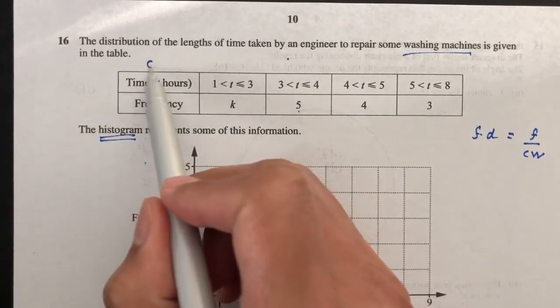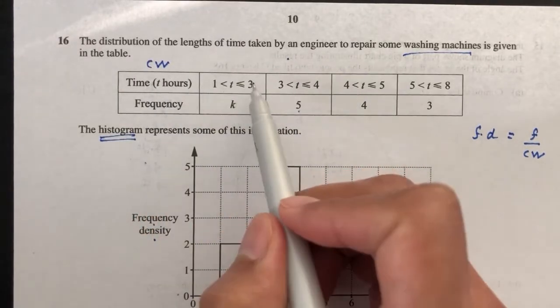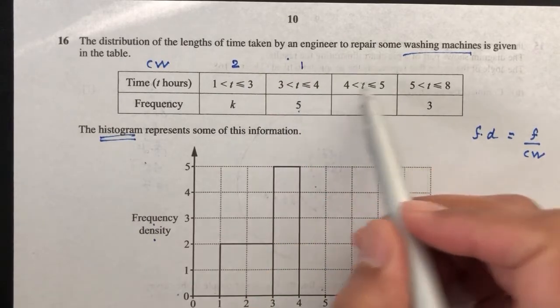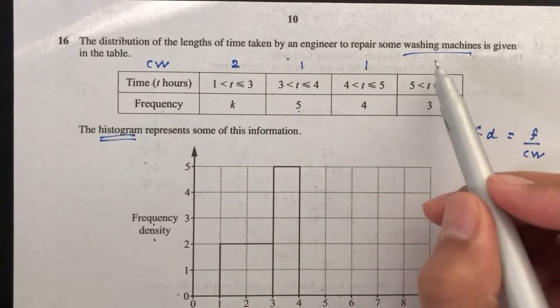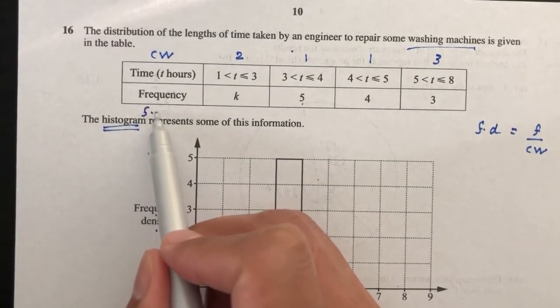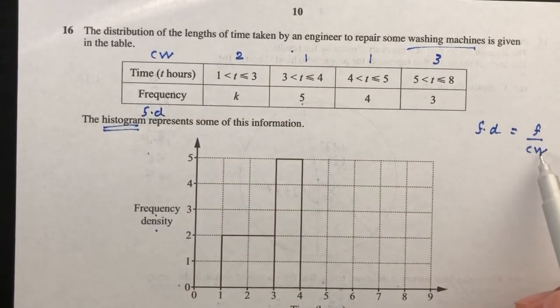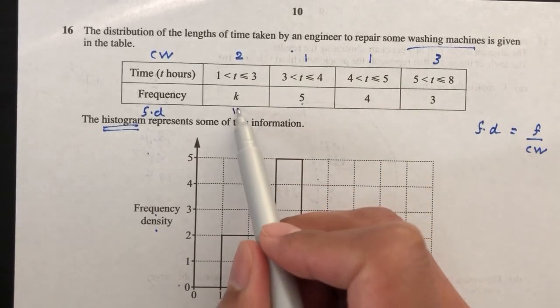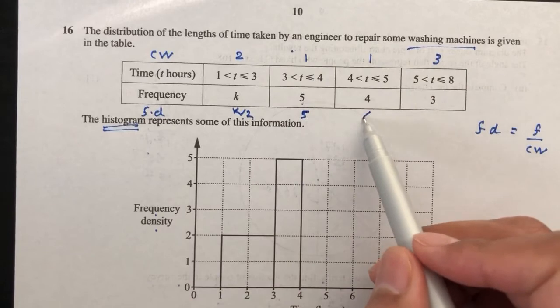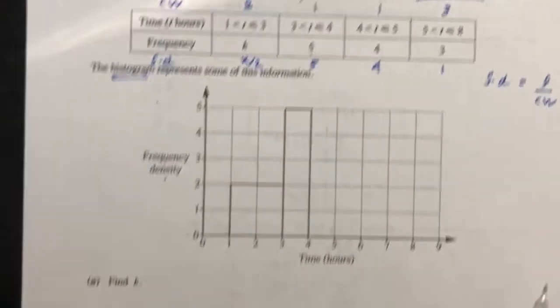So what are the class widths of these groups? 3 minus 1 is 2, 4 minus 3 is 1, 5 minus 4 is 1, 8 minus 5 will be 3. So how do you find frequency density? We take frequency divided by class width, so k divided by 2, 5 divided by 1, which is 5, 4, and 1.